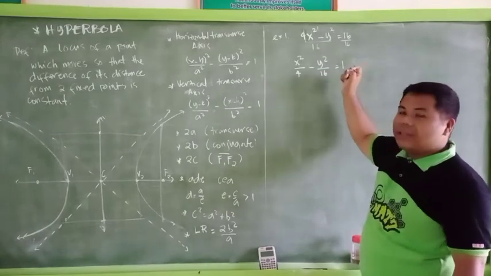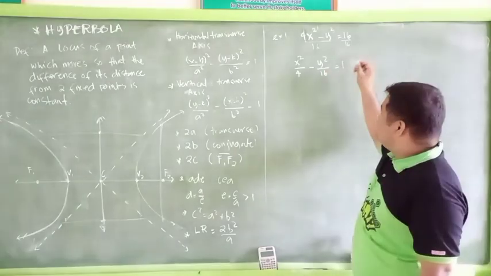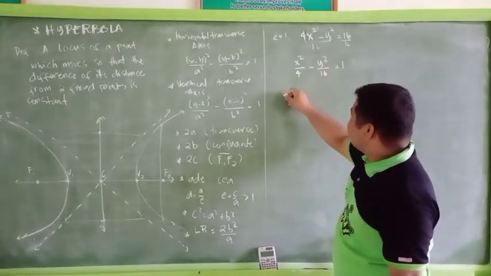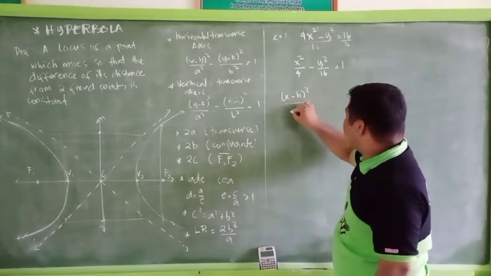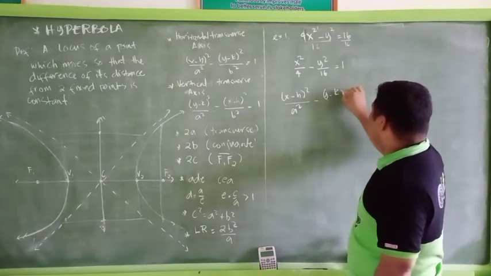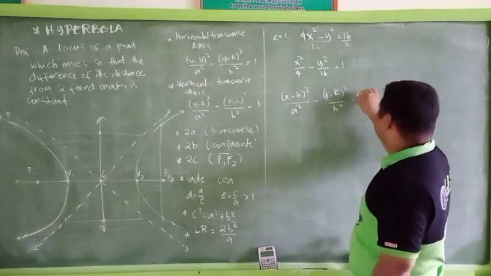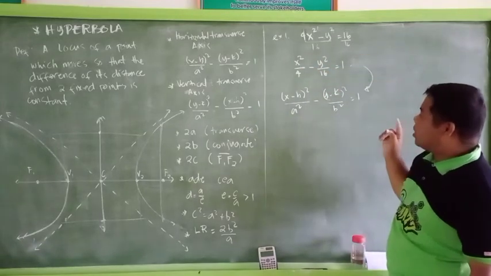Pero, para ma-determine natin kung ano yung value ng h tapos k, i-rewrite natin to in such a way na dapat meron tayong x minus h squared over a squared, minus y minus k squared over b squared is equal to 1. So, paano natin siya i-rewrite?